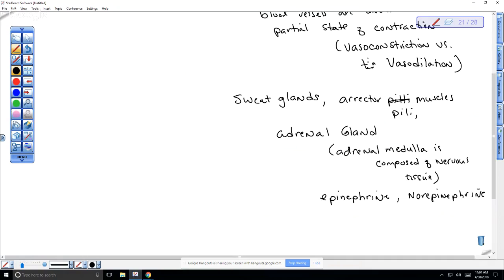If you constrict the blood vessels, then the blood is shunted. Dilation would actually decrease blood pressure, so this increases blood pressure and increases heart rate, which would get the blood to where it needs to be, like to the brain. You need to stimulate the heart muscle in order for survival to happen. Okay? So those are the things that are just innervated by the sympathetic nervous system.